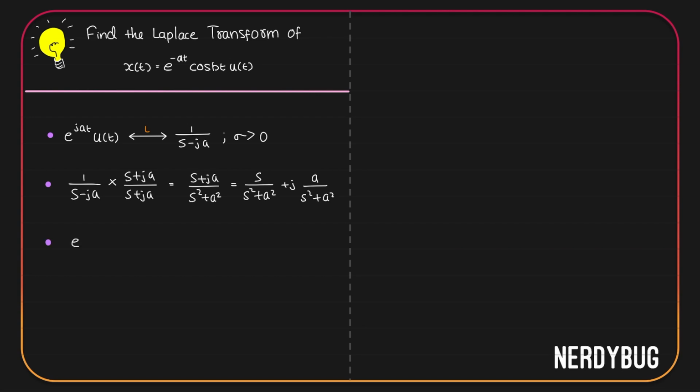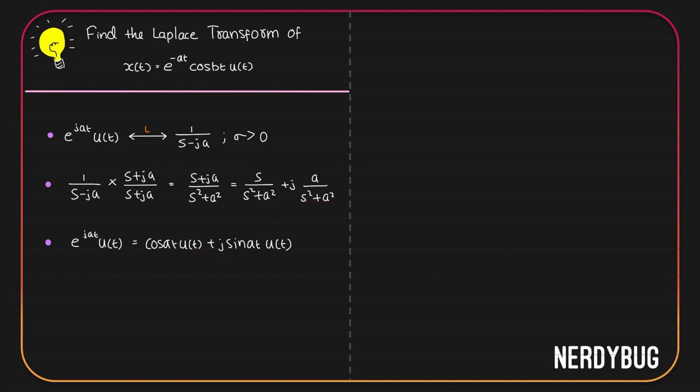Let us take e raised to jat u of t again. Using Euler's relation, this is cos at u of t plus j sin at u of t. But we just saw the Laplace transform of this is s by s square plus a square plus ja by s square plus a square.